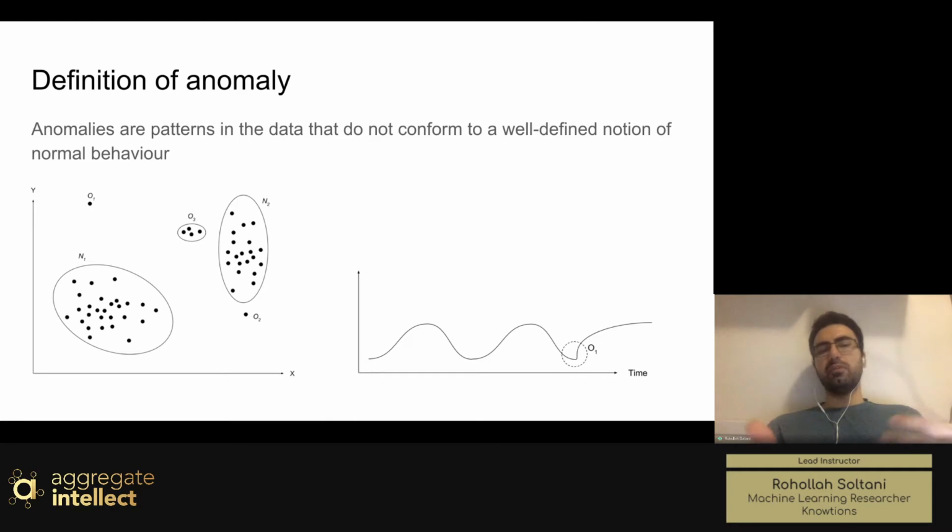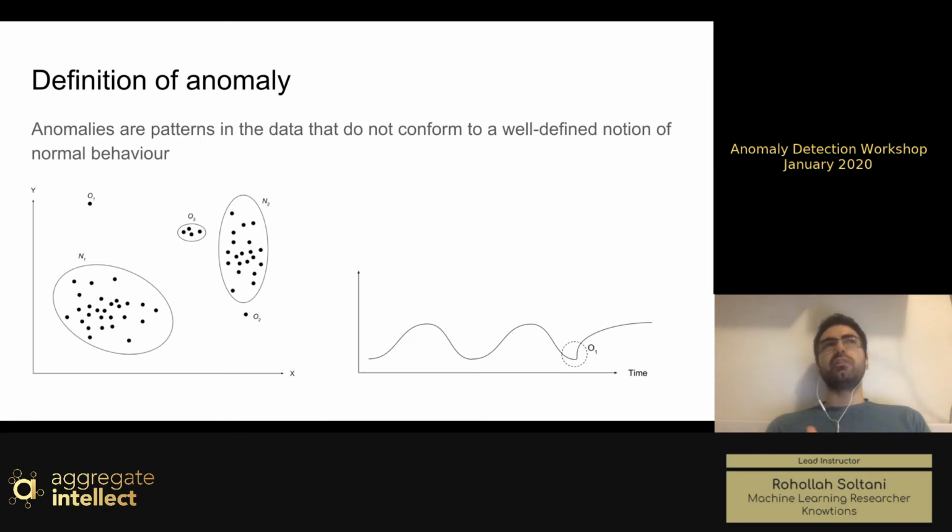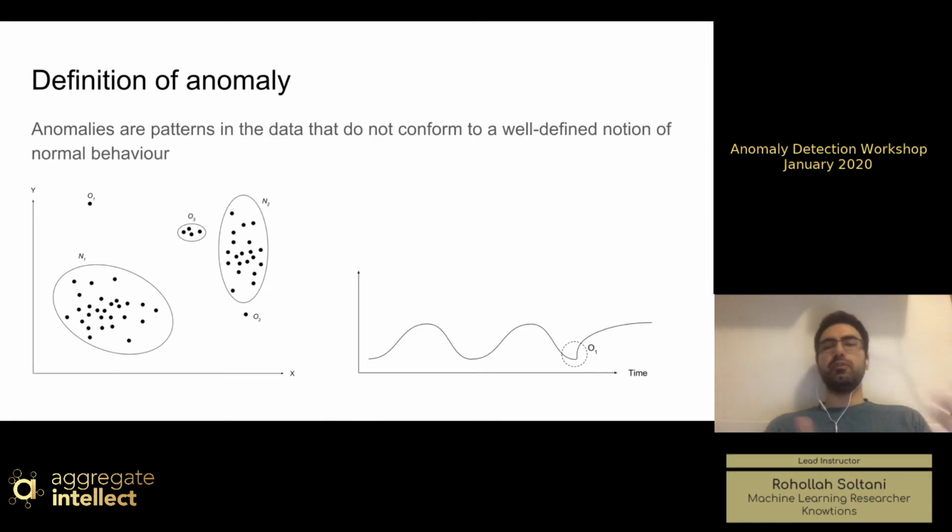You can define it based on the threshold that you have to set whenever you are doing outlier detection or anomaly detection. The second type of anomaly is contextual anomaly. Those are anomalies that are not anomalies by themselves, but they are anomalies because of the context that surrounds them, because of the values that come before or after them.